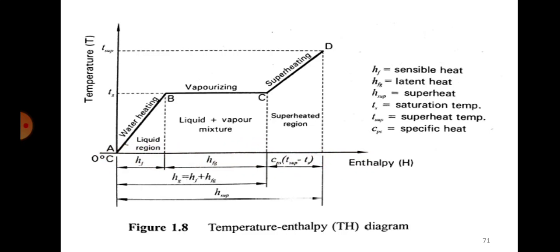Okay, so how do you define enthalpy of superheat, or H superheated? Enthalpy of superheat can be defined as the amount of heat required to increase the temperature of dry steam from its saturation temperature to any higher desired temperature at the given pressure. It is called the amount of superheat, or enthalpy of superheat.